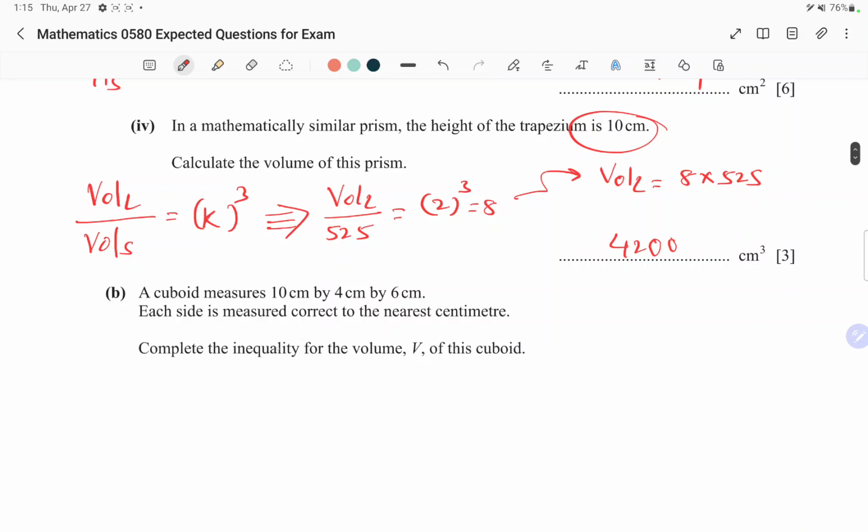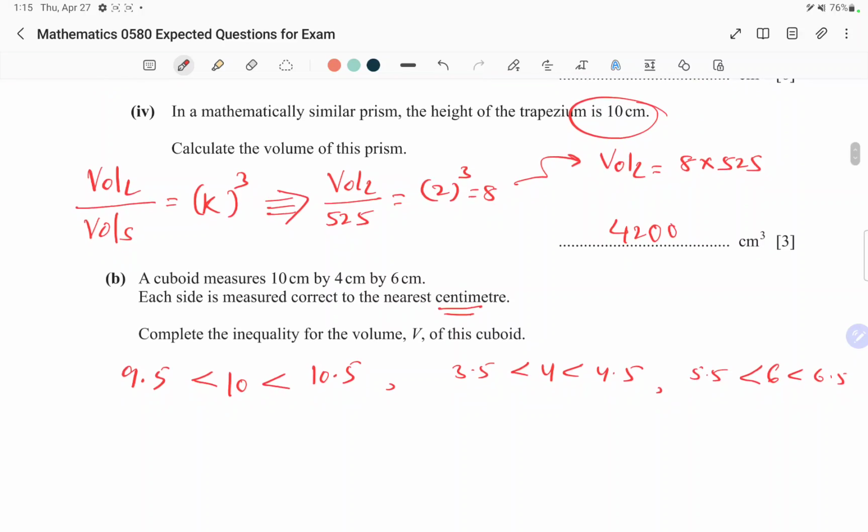So here it's nearest centimeter, okay, so 10 centimeter can be written as 10.5 and 9.5, upper bound 10.5 and lower bound 9.5, right? Now 4 can also be written as 4.5 and 3.5, and 6 can be written as 5.5 and 6.5.